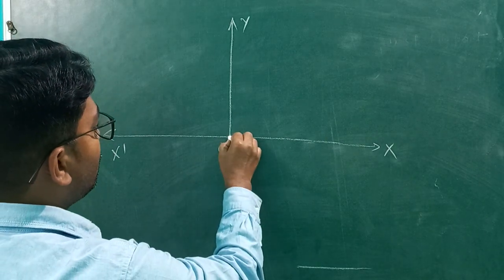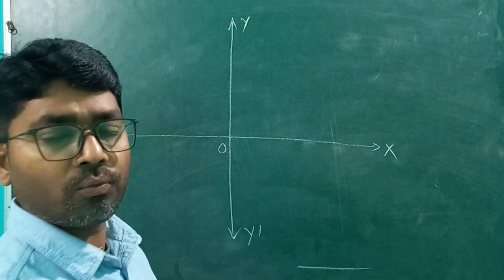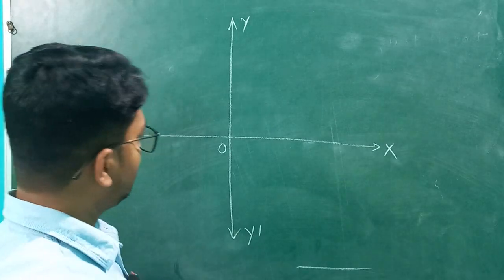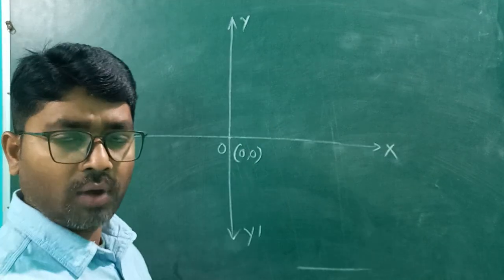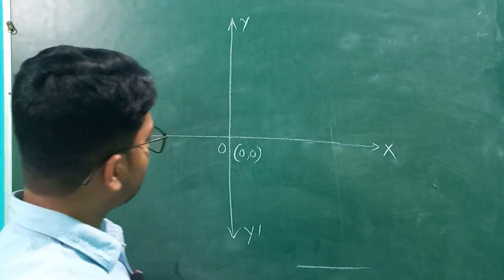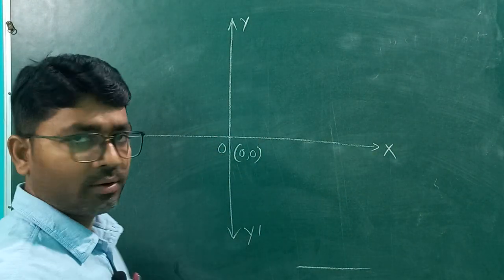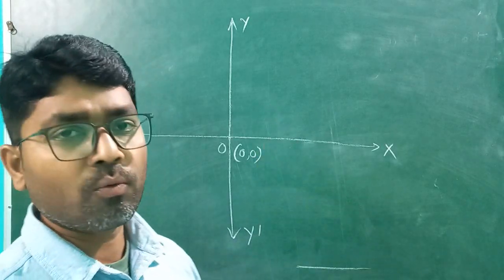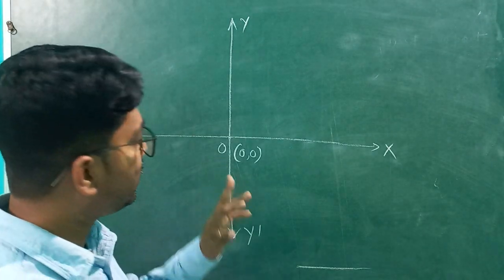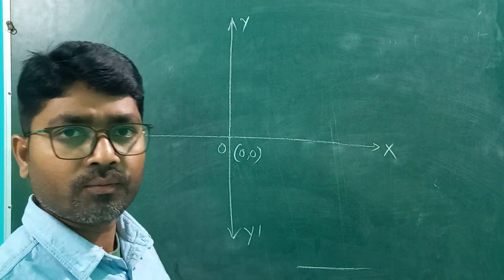What should be the coordinate of the point O? The coordinate of O is 0, 0. Why is this one 0, 0? Because this is our starting point. Along the x-axis our movement is 0, along the y-axis our movement is 0. That's why the coordinate of the origin is always 0, 0.